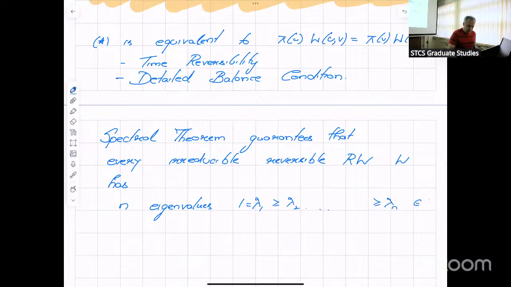These all belong to the reals. And we already saw the largest has to be 1. The others can only be smaller. And in fact, this has to be greater than or equal to -1.